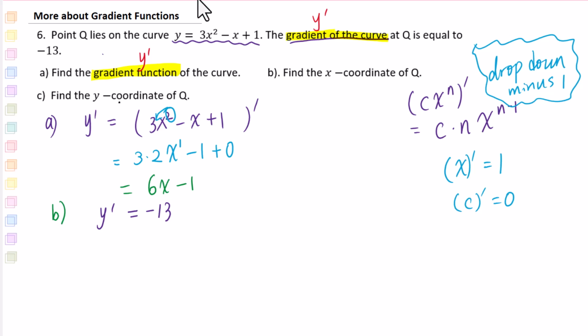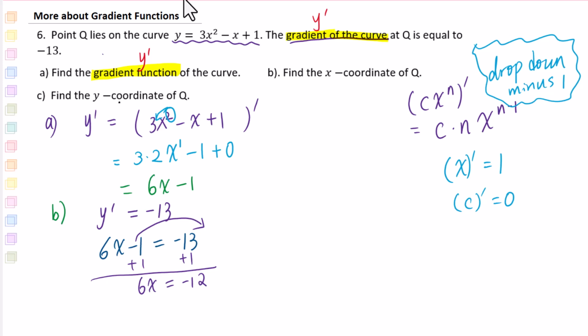We already figured out y prime equals 6x minus 1 equals negative 13. This is a linear function, so isolate the variable, add 1 to both sides. We got 6x equals negative 12, divided by 6. X equals negative 2.